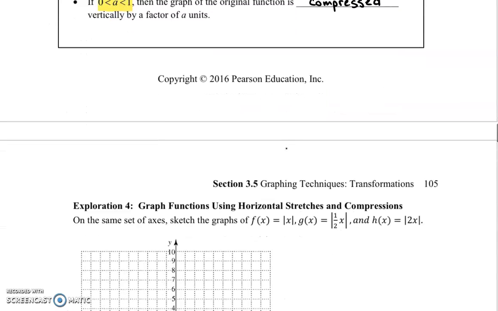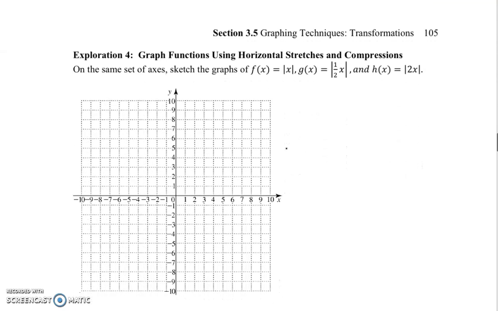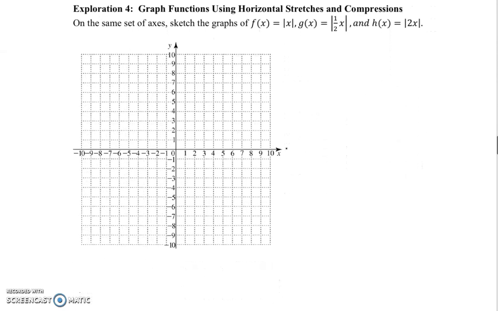Let's talk for a minute about horizontal stretches and compressions. So we can again make a table of values here. We have x, absolute value of x, 1/2 absolute value of x. Sorry, I wrote that wrong. The absolute value of 1/2 x and the absolute value of 2x.